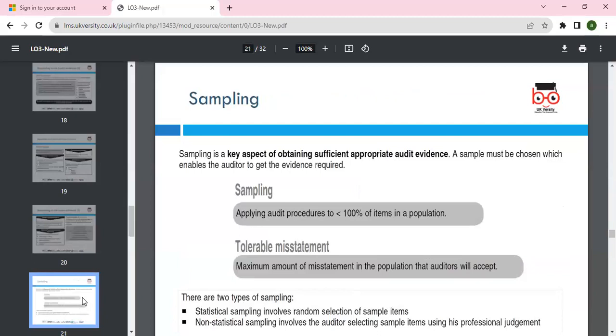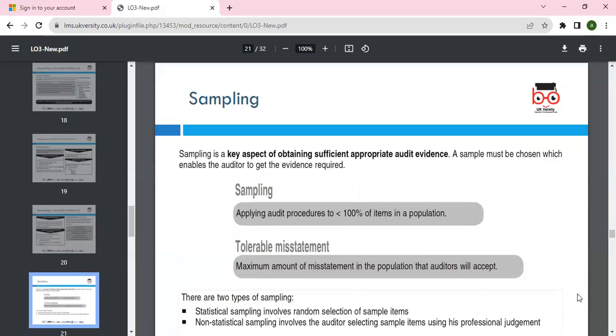So we had a discussion on sampling and census. Census means all, sample means the small proportion, which must be chosen, which enables auditors to get evidence. Census is 100%, but the sample should represent the tolerable misstatement, the maximum amount of misstatement in the population that will be acceptable.